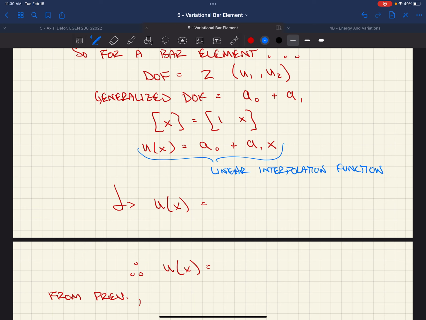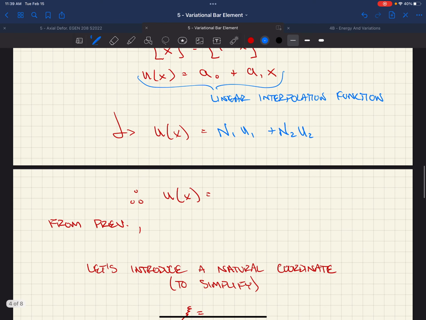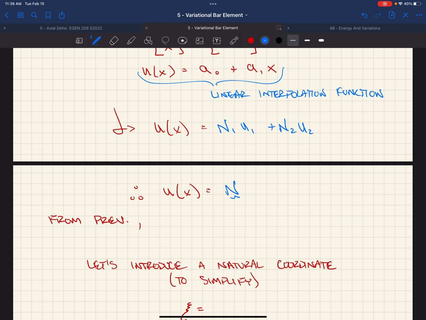But that essentially can be rewritten in terms of shape functions and known nodal values, which we would get N1 u1 plus N2 u2. And if we back it out in terms of matrices, it's N times d, with d being our matrix array that says u1 and u2, and N is just N1 and N2.